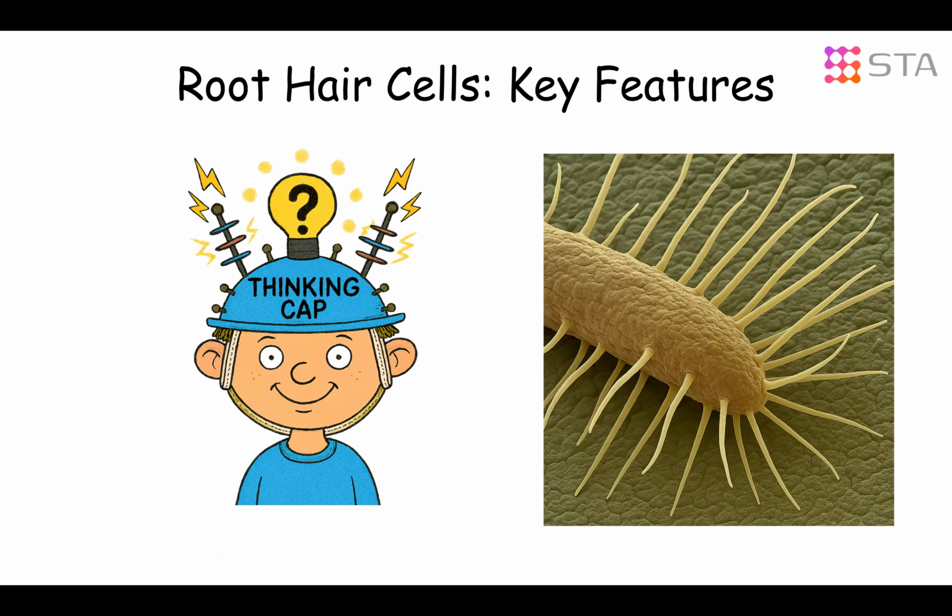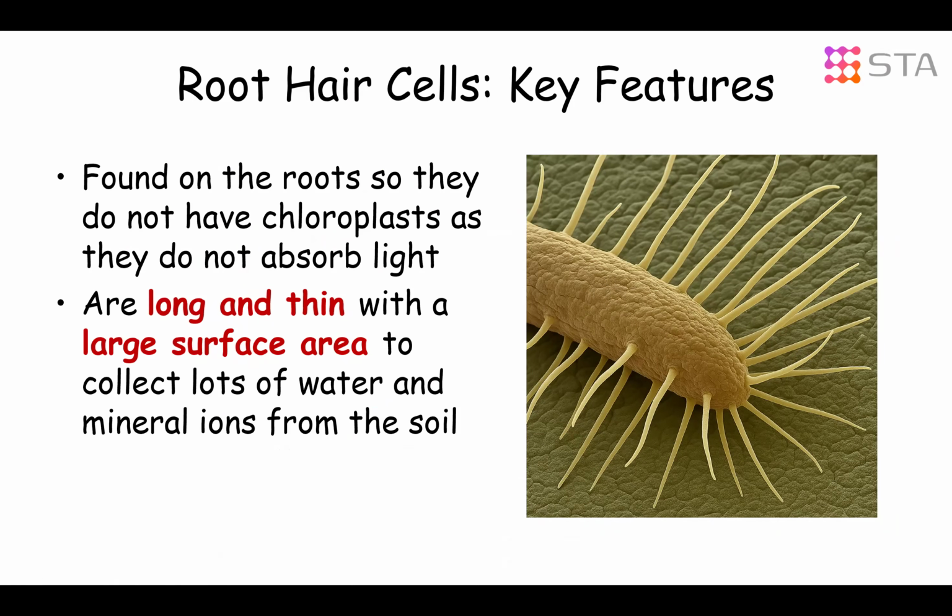Okay, let's go through the features of root hair cells, which are our second example of a specialized type of cell. So it's these hairs which are actually embedded in the main part of the root, and they are actually cells. Okay, so root hair cells are found on the roots, and therefore, because they are underground in the soil, because their job is to absorb water, they do not have chloroplasts.